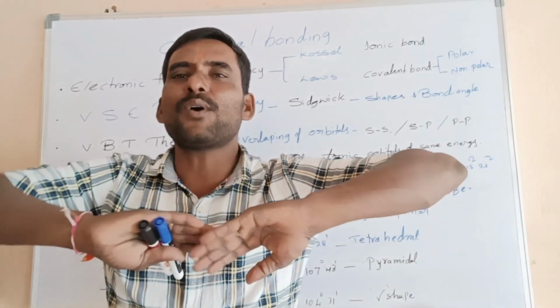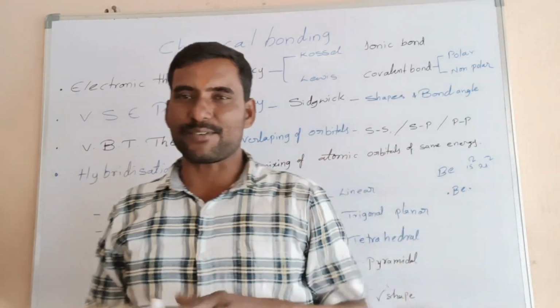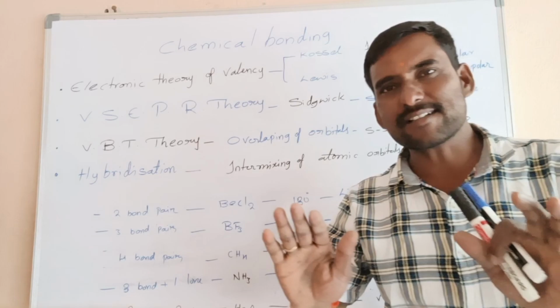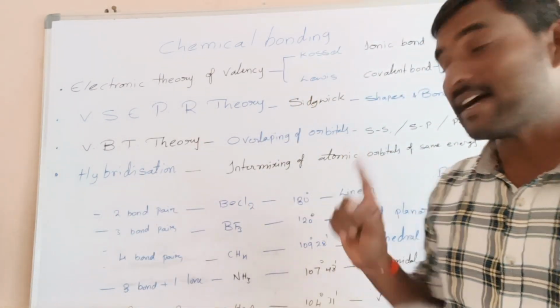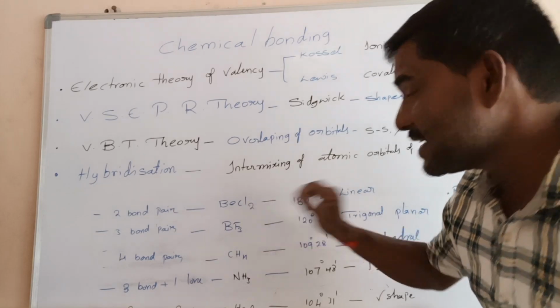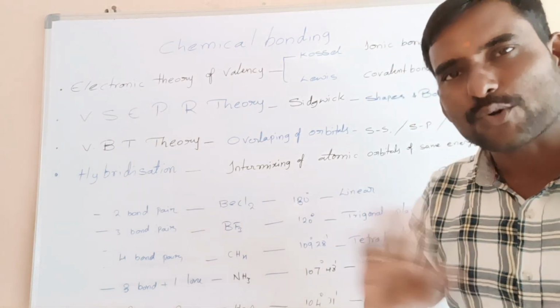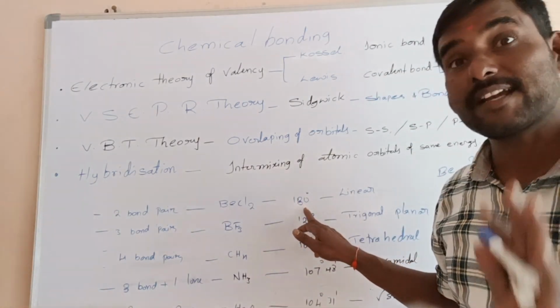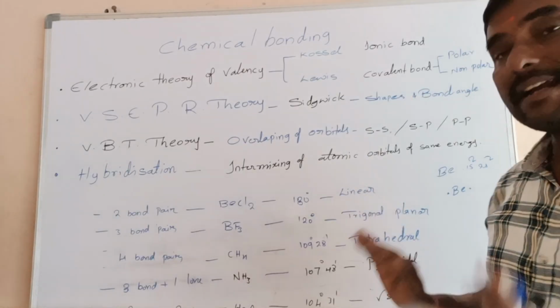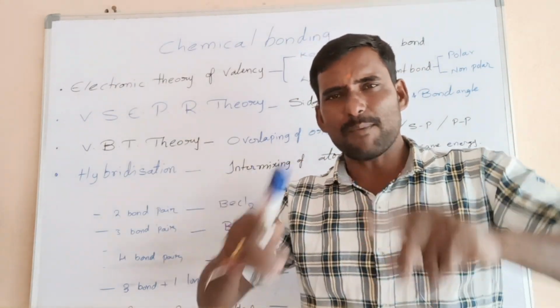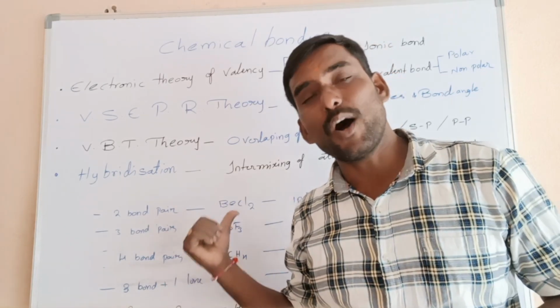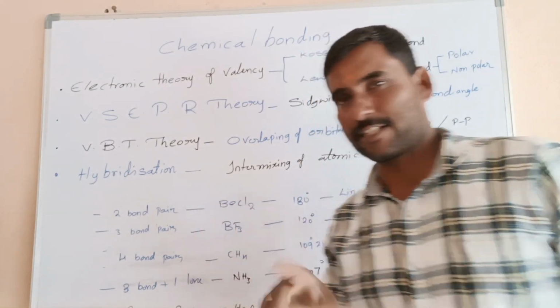So here no lone pairs, 2 bond pairs only. 2 electrons are there in the outermost shell, and both will participate in the bond. So it has 2 bond pairs. If it is 2 bond pairs without lone pair, the bond angle is 180 degrees and it has linear shape. We'll explain in another video about the structures, how BeCl2 forms, everything will be explained.